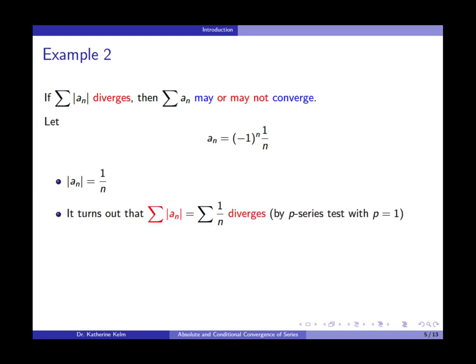And it turns out, again using the p-series test, that the sum of 1 over n diverges, but the original series converges using the alternating series test. So this is an example of a series whose absolute values form a series that diverges, but the original series converges.